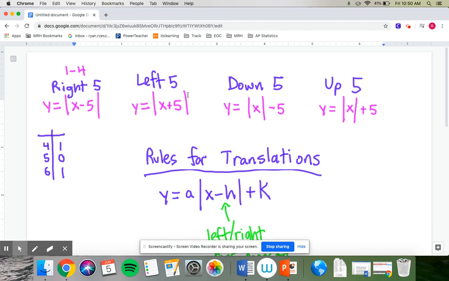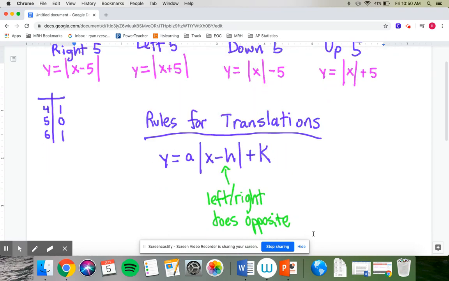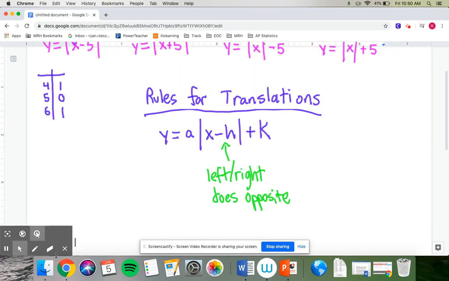It does the opposite of what you would think. Outside number is up and down, but it's what you would expect. It's normal. Minus is down 5, plus is up 5. So my outside number, that k that you see right there, controls the up and down movements, and it's exactly what you would expect.